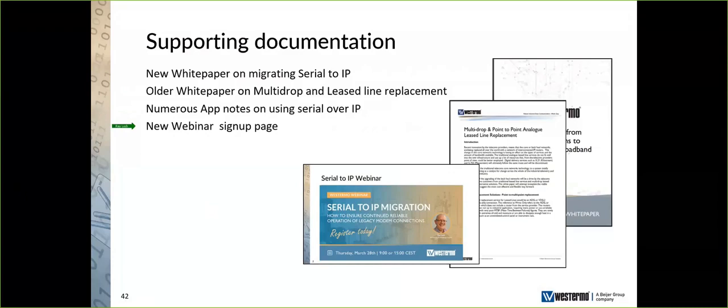There's numerous application notes on our website which show you how even specific devices can be migrated. Allen Bradley PLCs, Mitsubishi, Schneider PLCs can all be migrated over to serial over IP. Even different protocols can be handled in different ways, like DNP3, Modbus, IEC 101, for example.